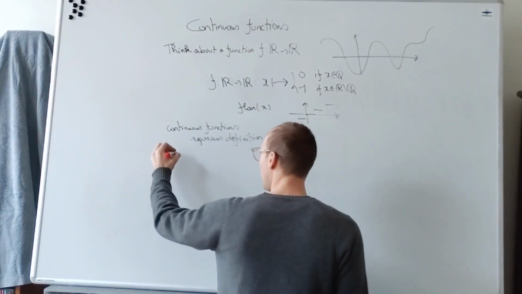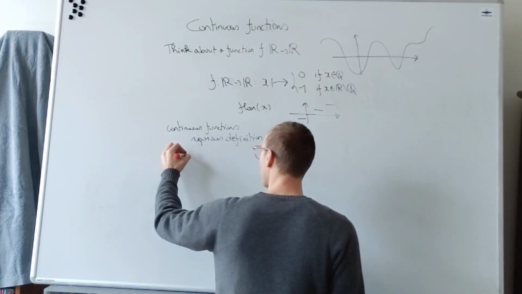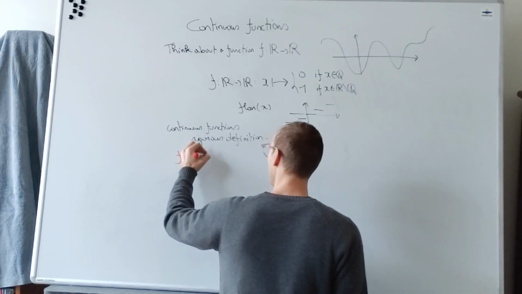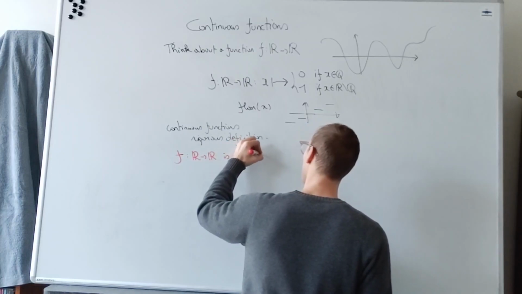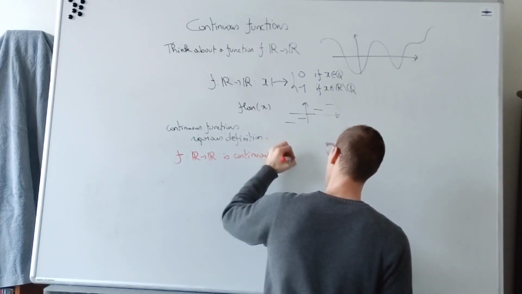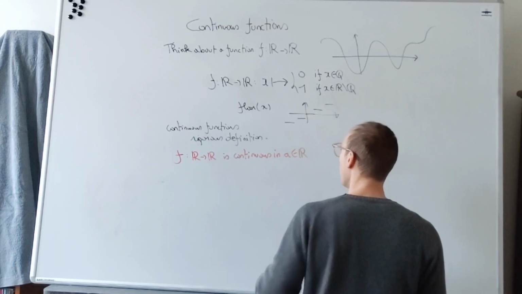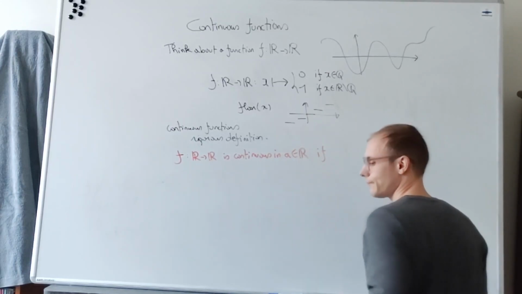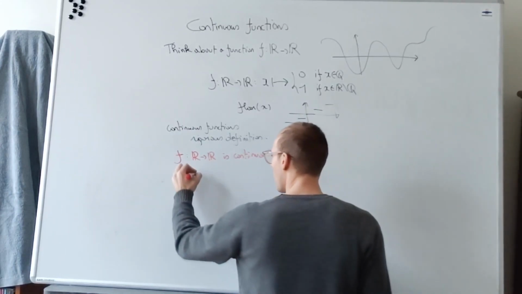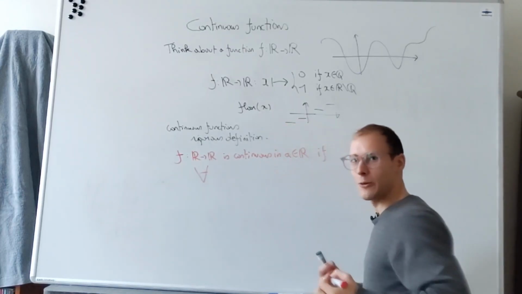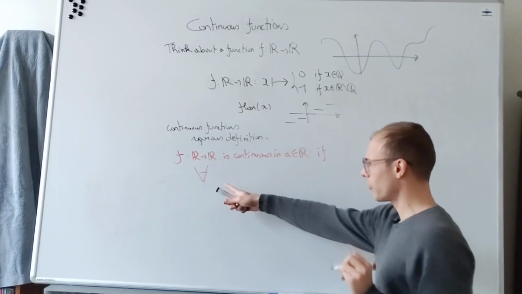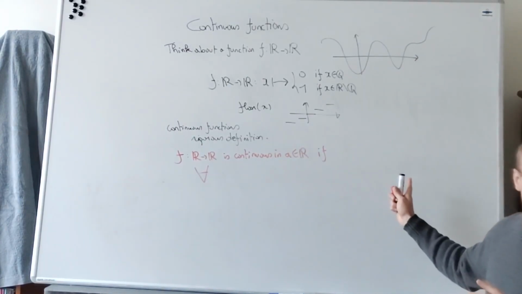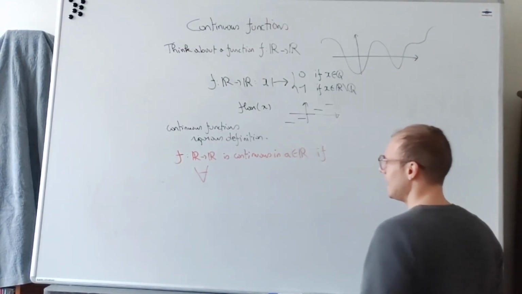Well, I say first of all that if a function, let's say from R to R, is continuous in a real number a, if, and this is the famous epsilon delta definition, for every epsilon, and I'm going to write it out in all symbols, and then I'm going to draw something to explain the idea.